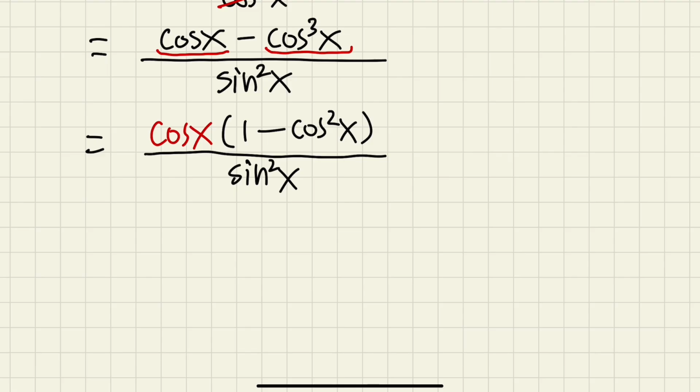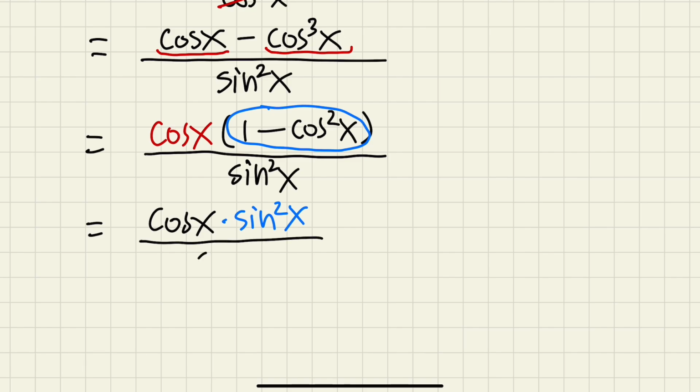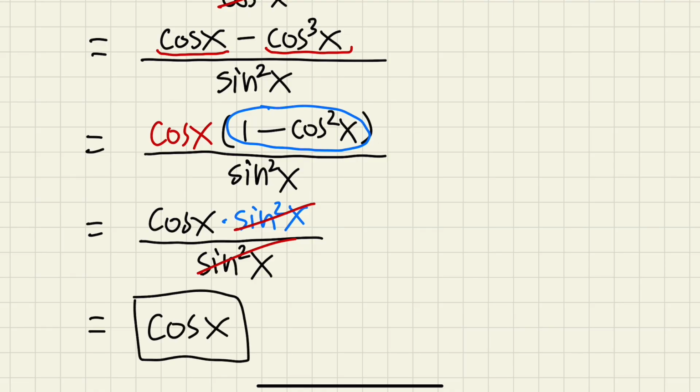Now, as you guys notice, 1 minus cosine squared x, that's again sine squared x. So let me write that. And then this is over sine squared x. And this is so nice because they cancel out completely, and the answer is just cosine x. And we are done.